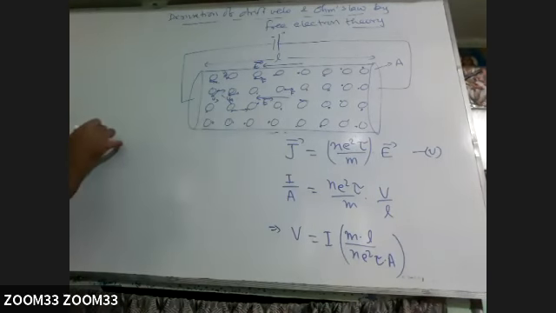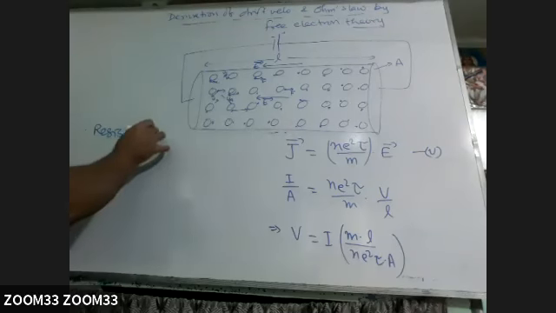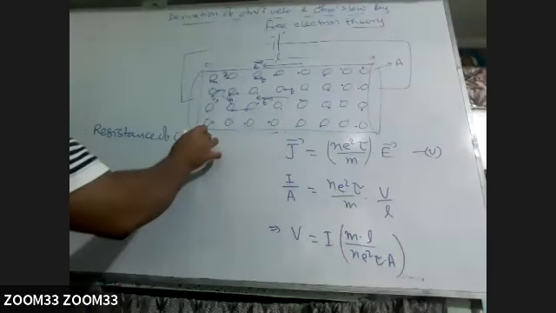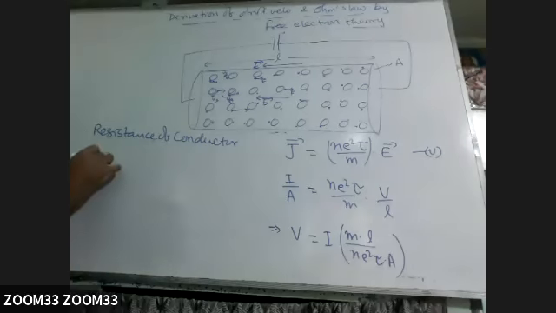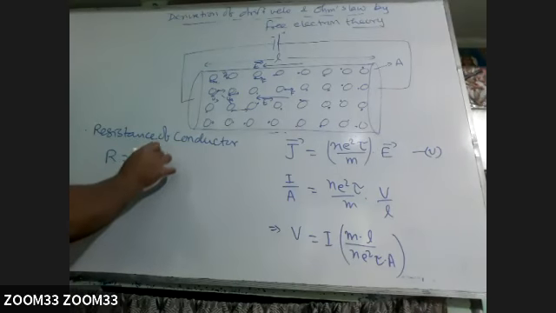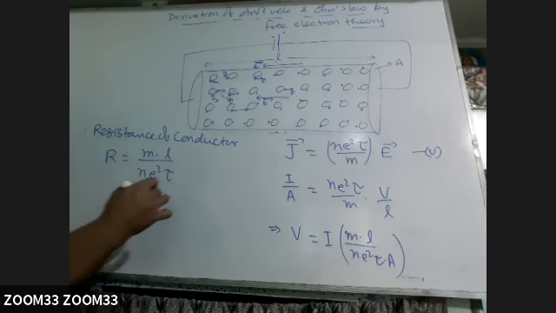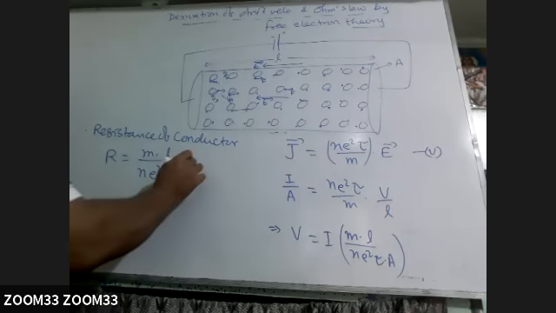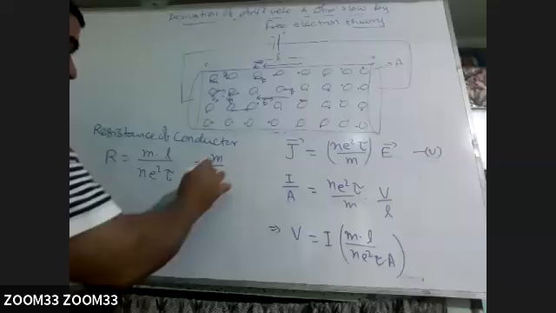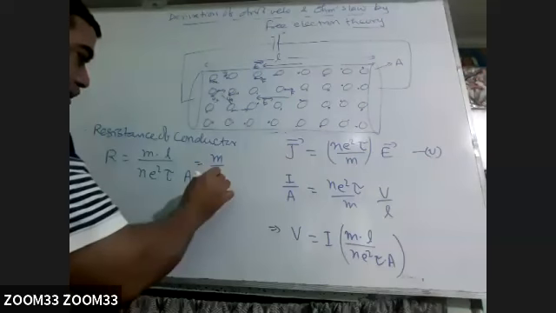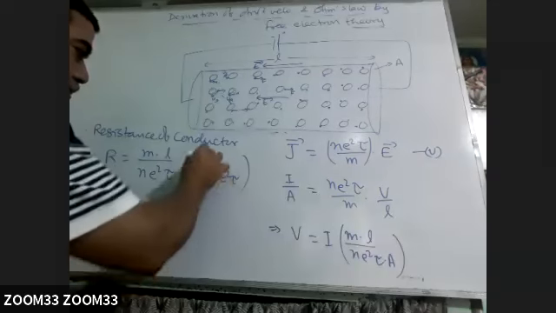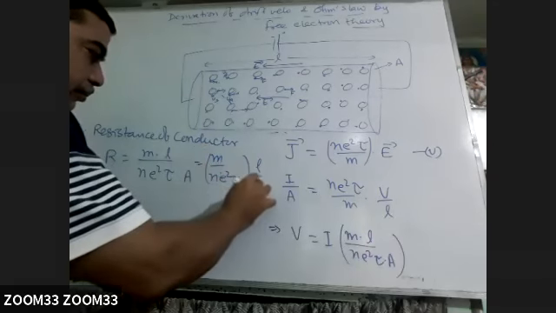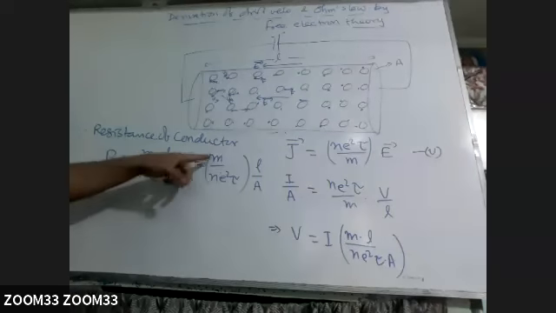So resistance of conductor is m L over n e square tau A. This is m over n e square tau, times L over A. This depends only on nature of material.